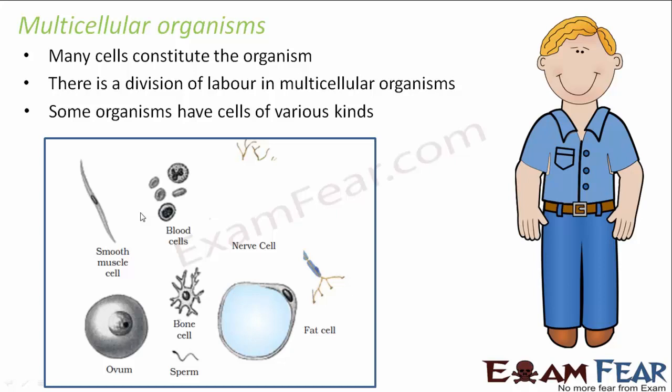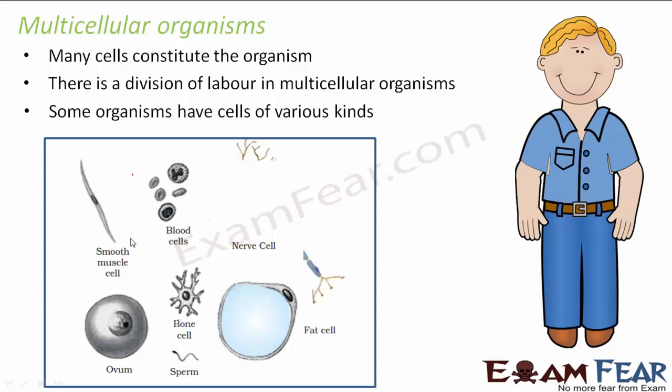The appearance of a bone cell, if you look at this cell, it is a flowery structure, right? So the appearance of a bone cell is very different from the appearance of a blood cell or from the appearance of a smooth muscle cell, right? However, the organism is just one organism, but the variety of cells present in the organism is different, right? And each of these cells has a specific function to perform.